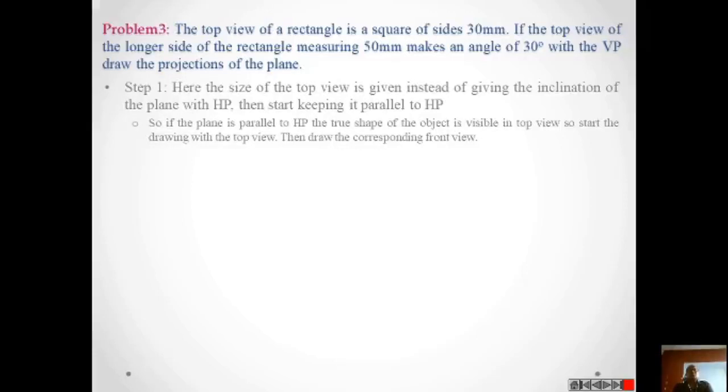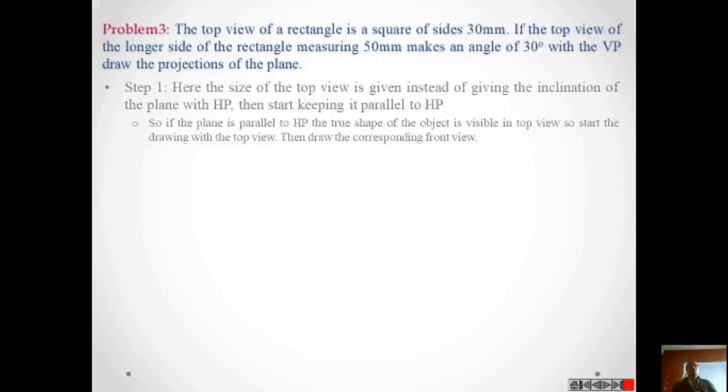Here, he has mentioned the size of the top view, and he has mentioned the true shape of the object. So what is the true shape of the object? A 50 by 30 mm rectangle. Now, the top view is smaller than the actual rectangle.